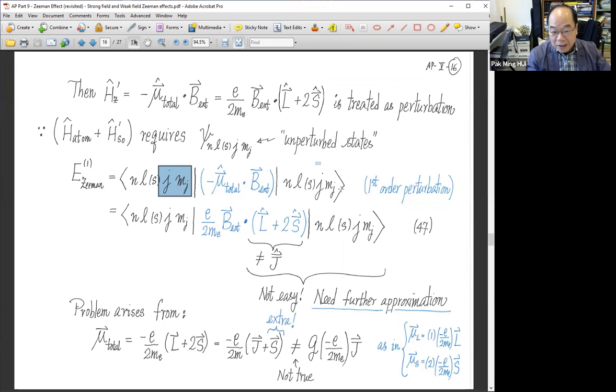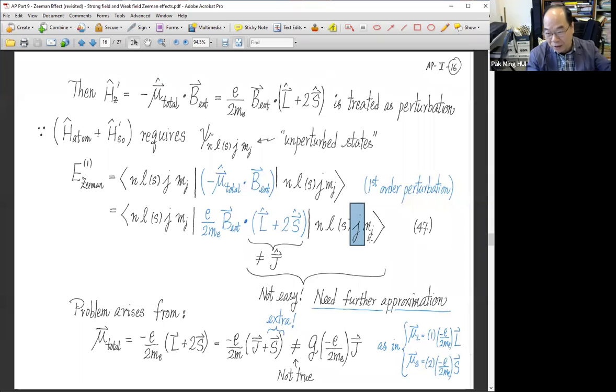using J, M_J to describe the Zeeman spin orbit splitting, we encounter one problem. The perturbative Zeeman term is not just related to J. If it were, we would be very happy, right? If this is a J, it will pick up this J, and then we know what happens.